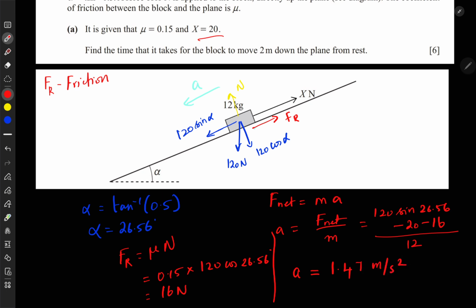That is the acceleration. But we have to find the time taken for the block to come 2 meters down the plane from rest. Let's assume this is 2 meters, and we have constant acceleration 1.47 meters per second squared.